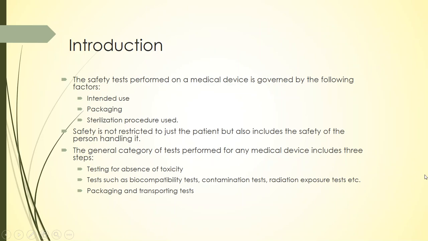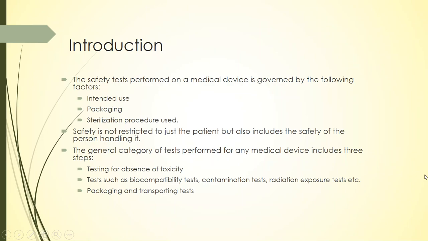So the category of tests performed for any medical device can be in 3 steps. First and foremost, you have to make sure that the device is not toxic. Every time you touch the device, toxins should not leach inside your body. So tests such as that. So toxicity has to be removed, and then you have to make sure that biocompatibility tests such as the contamination test, radiation exposure test, etc. are performed.